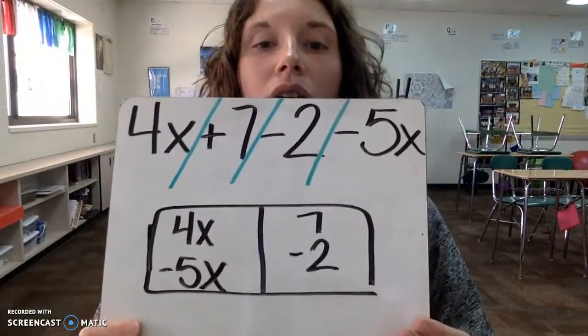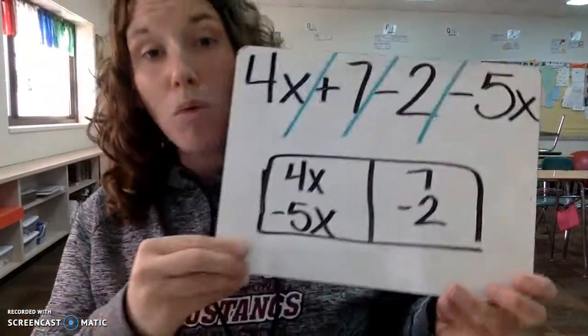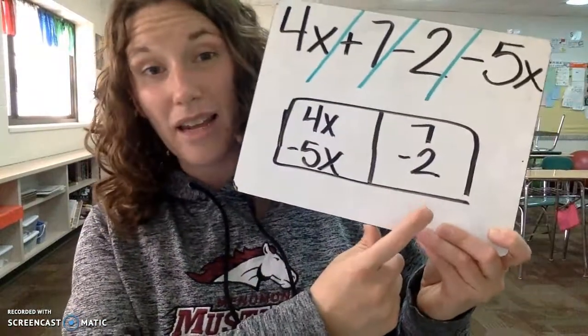So this time I have a couple different things. So in one box, I have a 7 and I have a negative 2. In the other box, I have a 4x and I have a negative 5x. So this is what mine looks like. So I'm going to do the 7 and the negative 2 first.